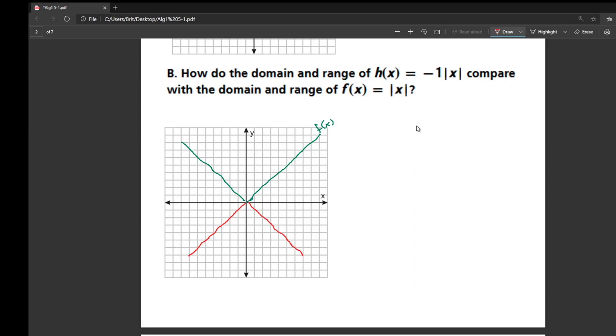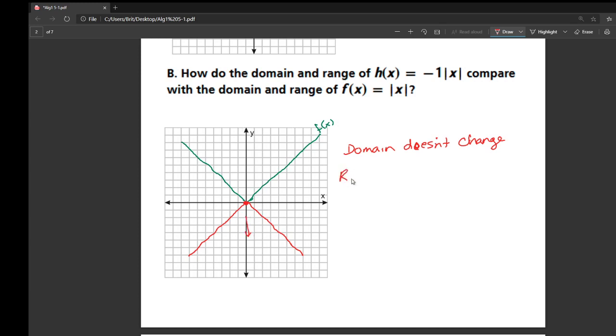So when we flipped it upside down, our domain doesn't change, right? Because it still goes to the left forever and to the right forever. So the domain doesn't change. However, if we check out our range, now it still starts at 0, 0, but the red graph goes down forever instead of up forever.